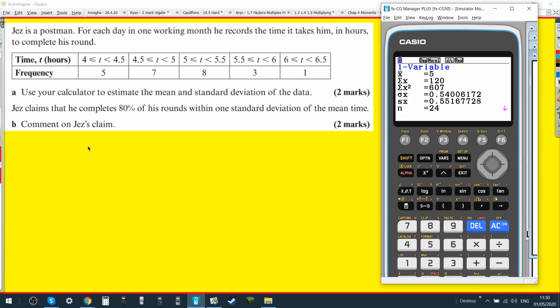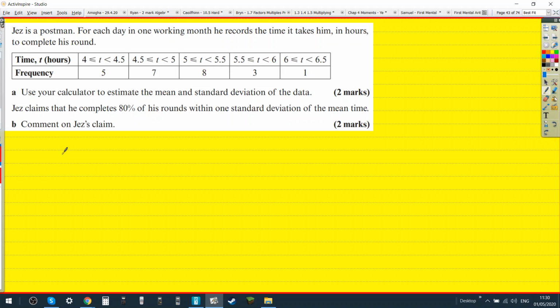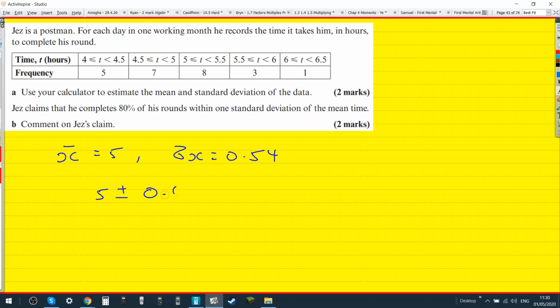So would that be 5 plus or minus the standard deviation? Well done. So that was 5. Delta x was 0.54. And so it is 5 plus or minus 0.54.